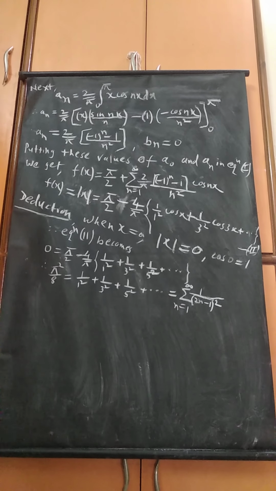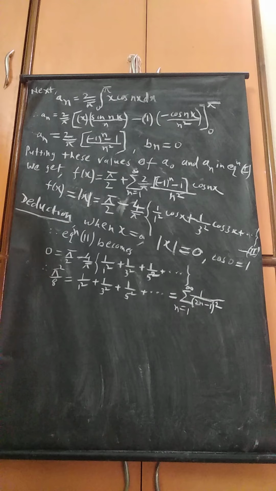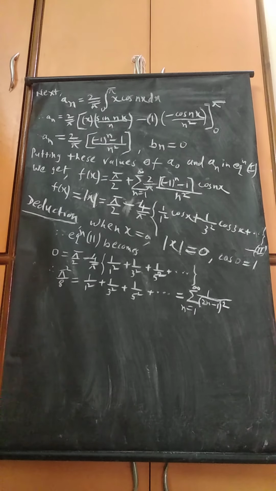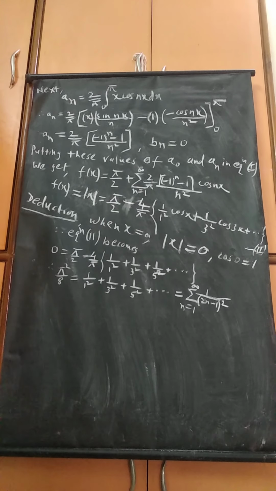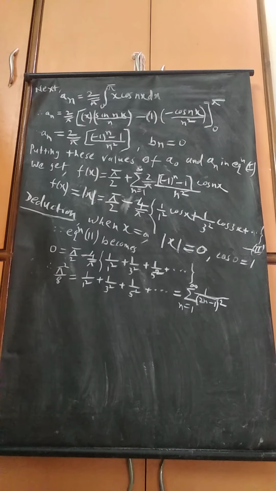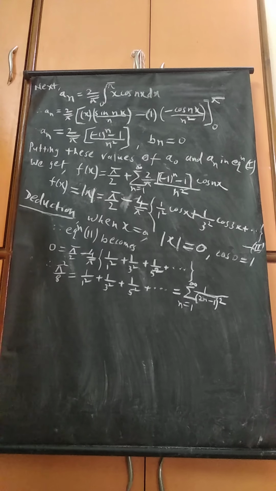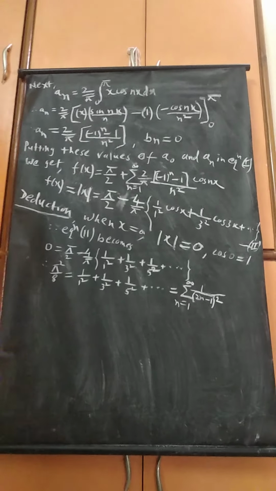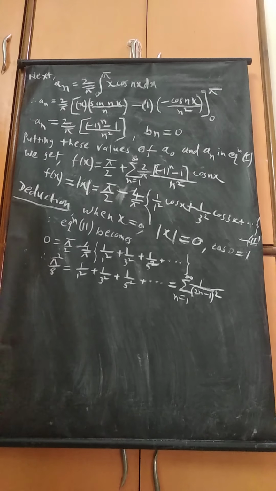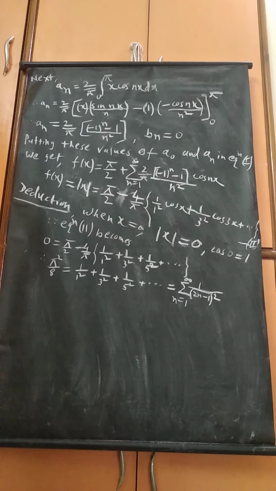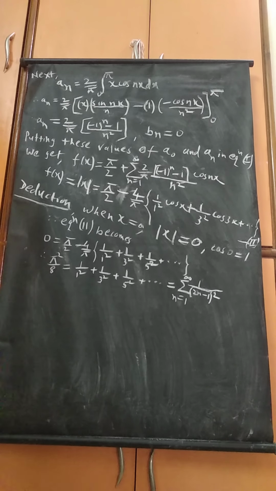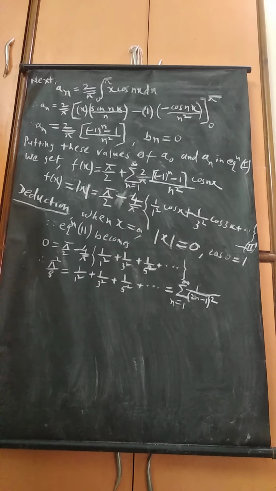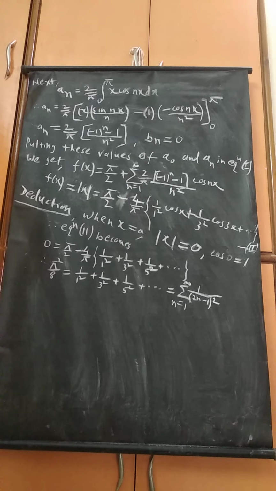Next, a_n is 2/pi integral 0 to pi x cos nx dx. To evaluate this integral, we use our generalized by-parts rule, a very popular rule. By that rule, we have a_n = 2/pi [x (sin nx)/n - 1 (-cos nx/n^2)], and the limits are 0 and pi.